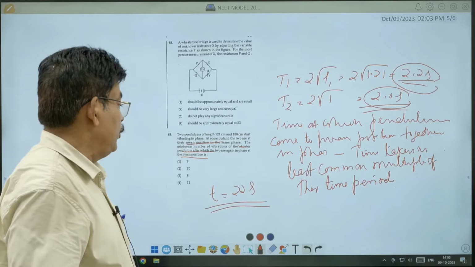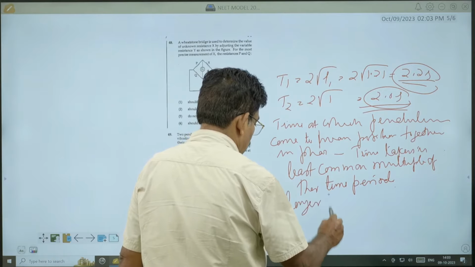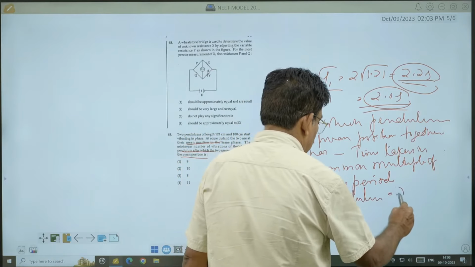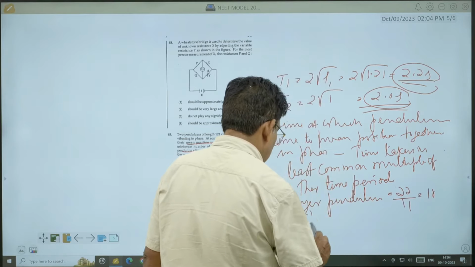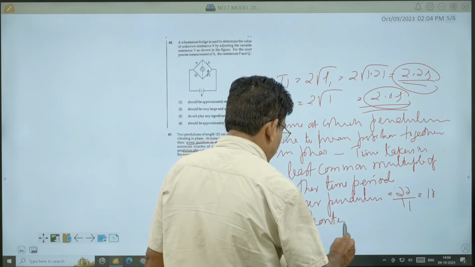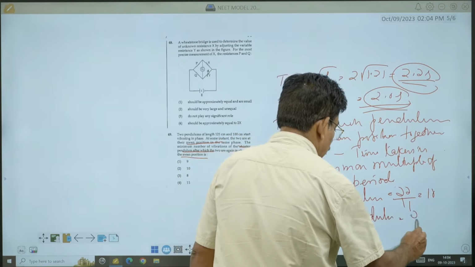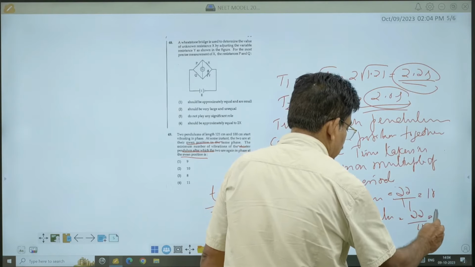During this time, the longer pendulum has completed 22 by 2.2, that is 10 oscillations. We have to calculate for the shorter pendulum.